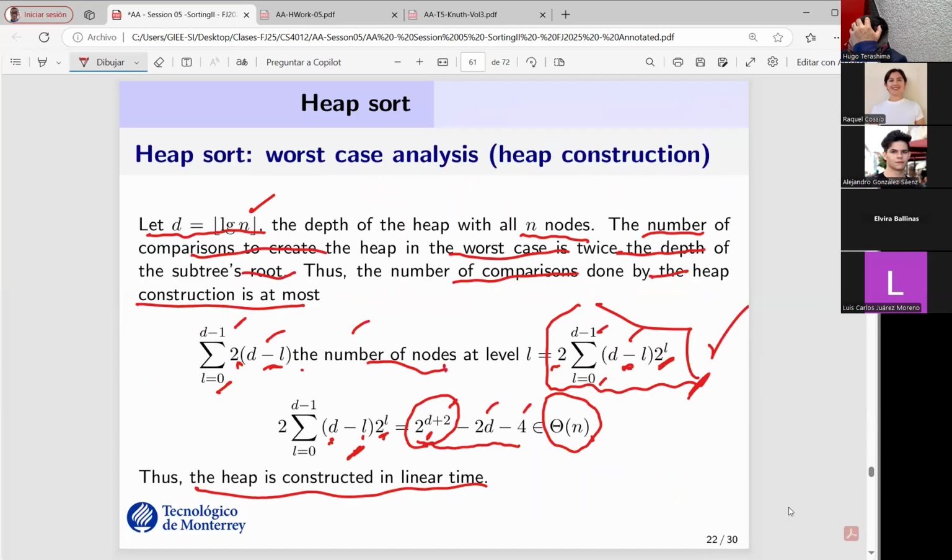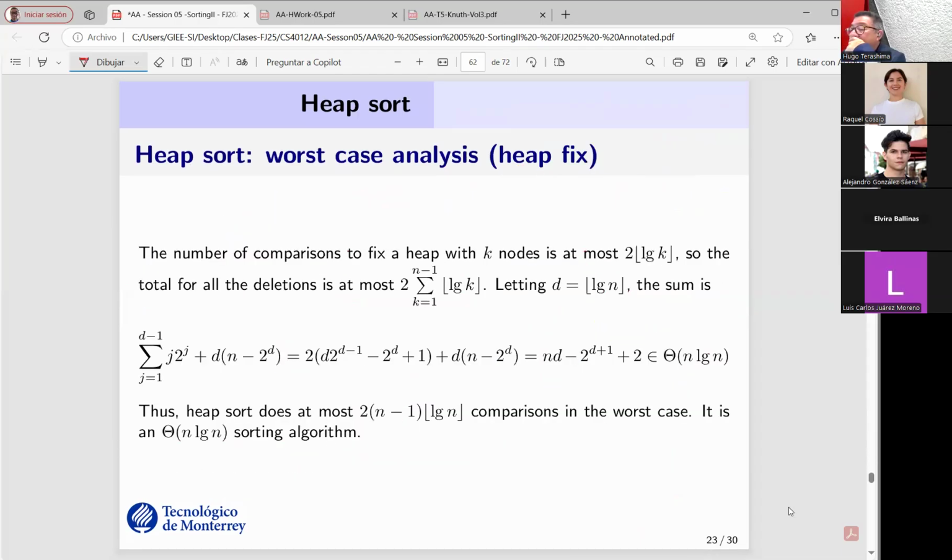So this is for the construction, right? So it's linear. And this is the heap fix, what is called heap fix, right? I take the largest element, I put it in the root, I put it in the last position of the array, and then I rearrange the heap, right?